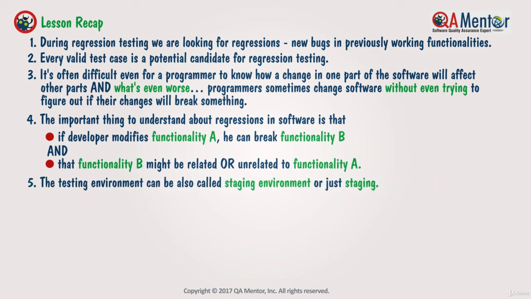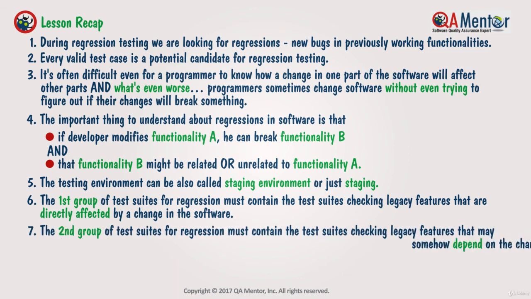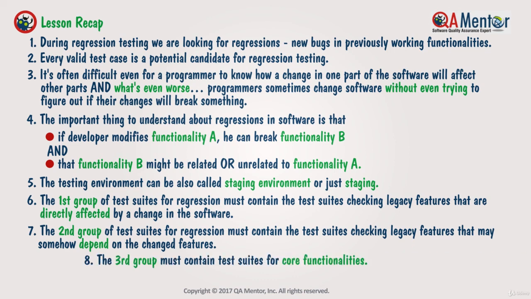5. The testing environment can also be called staging environment or just staging. 6. The first group of test suites for regression must contain the test suites checking legacy features that are directly affected by a change in the software. 7. The second group of test suites for regression must contain the test suites checking legacy features that may somehow depend on the changed features. 8.